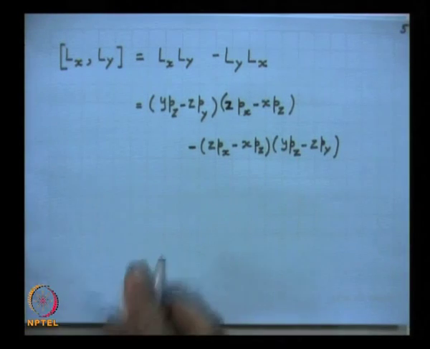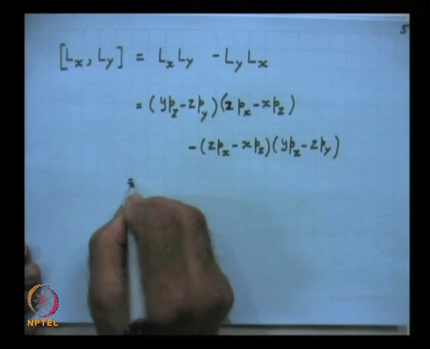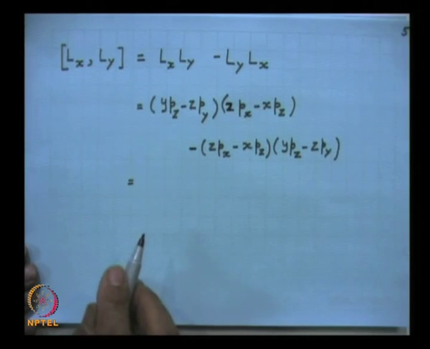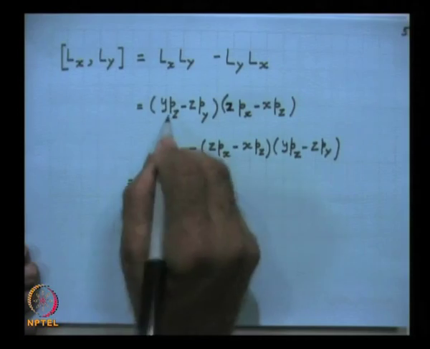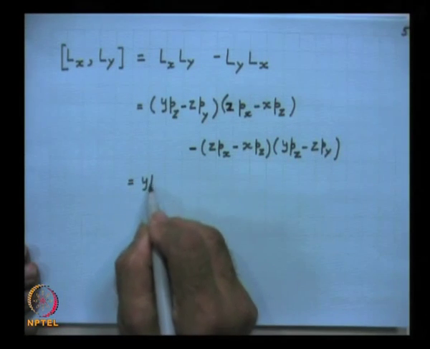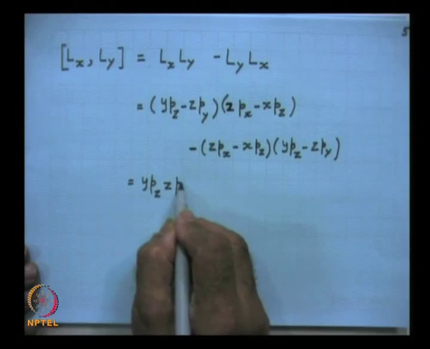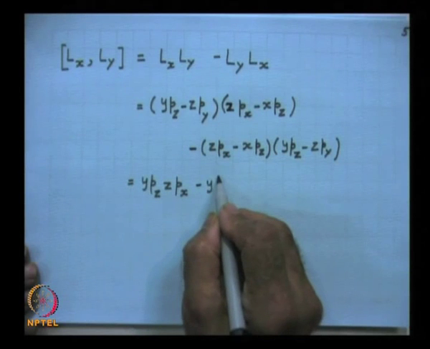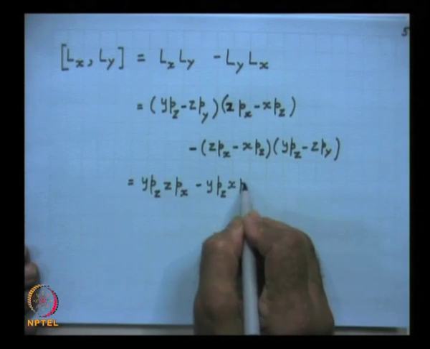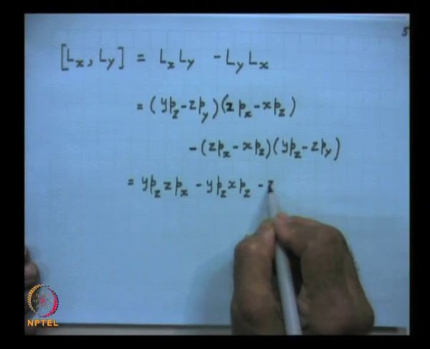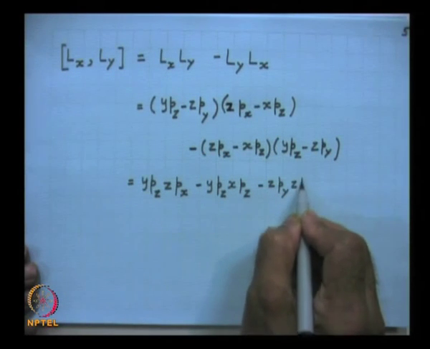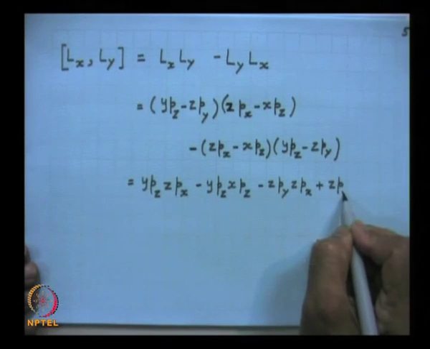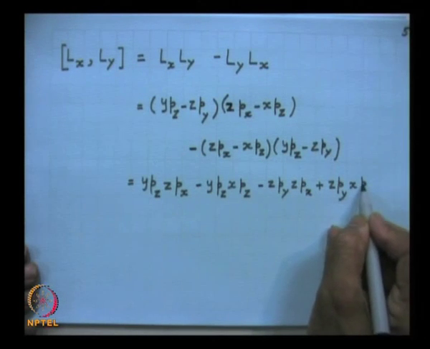Let me write out the terms fully. There will be 4 terms here and 4 terms here, and we must write them in proper order. Let me first write the first term, y pz z px, minus y pz x pz, minus z py z px, plus z py x pz.